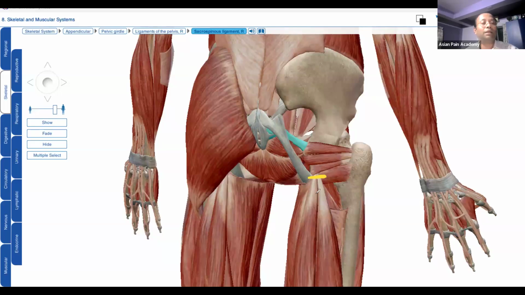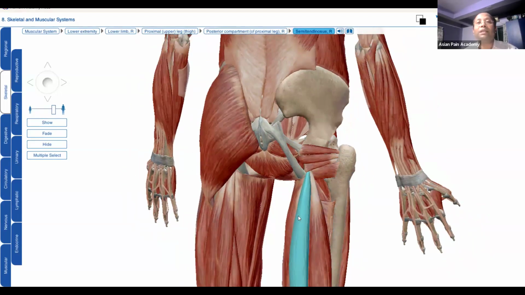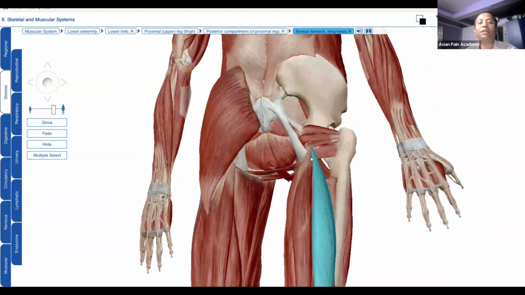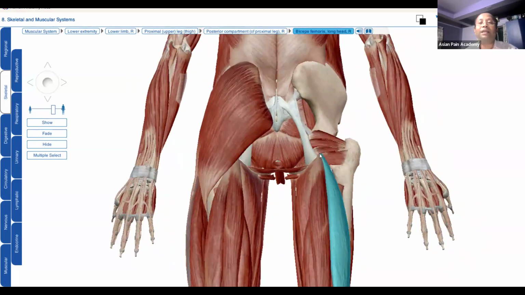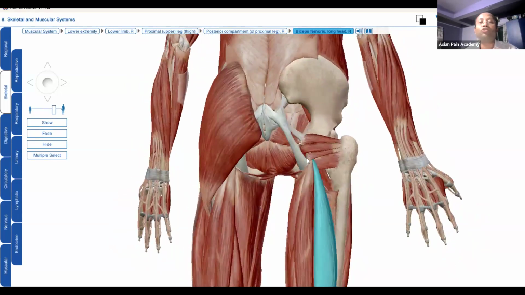If I just show you, this is semitendinosus, and this one is the biceps femoris, and this one is the semimembranosus. No, this is adductor magnus. Anyway, semimembranosus is also there, but this is basically the semitendinosus, semimembranosus, and this is the biceps femoris. So all these tendons insert at the ischial tuberosity. So that is the 4th position.